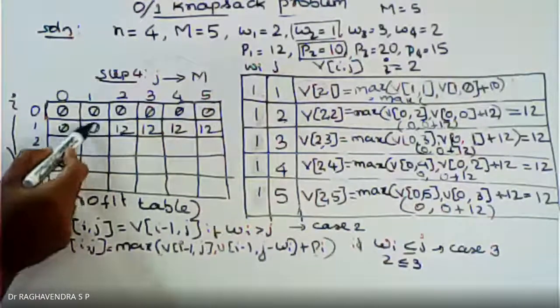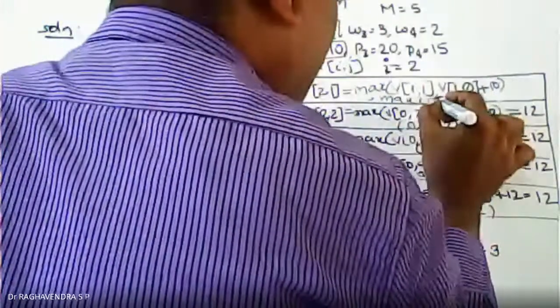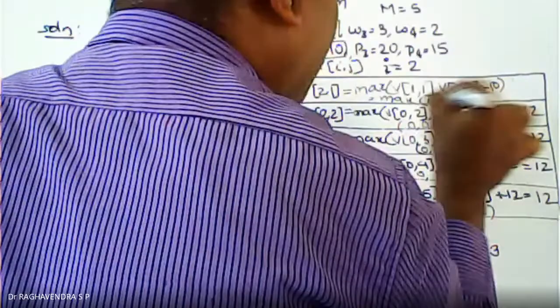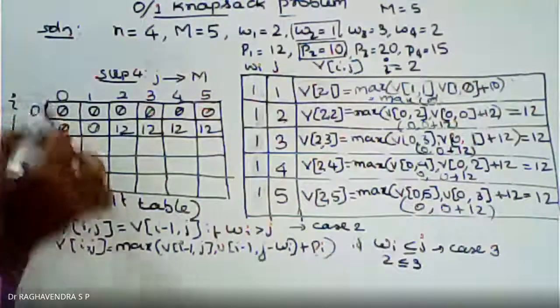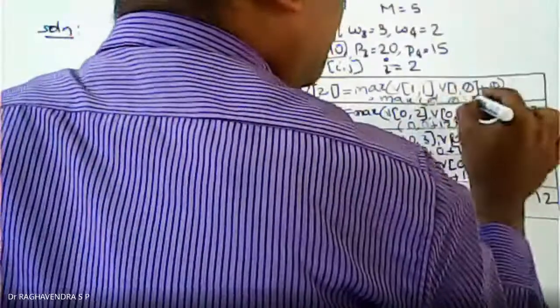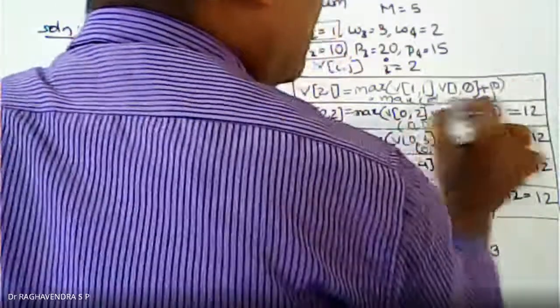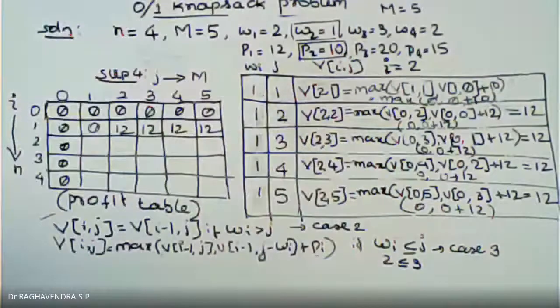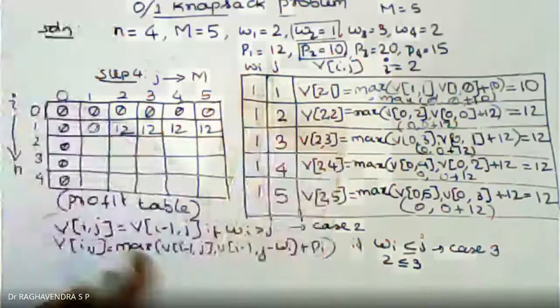How much value? 0. Comma V of 1 comma 0 is once again 0, plus 10. So 0 comma 10, which is maximum? 10. So 10 is the V of 2 comma 1.